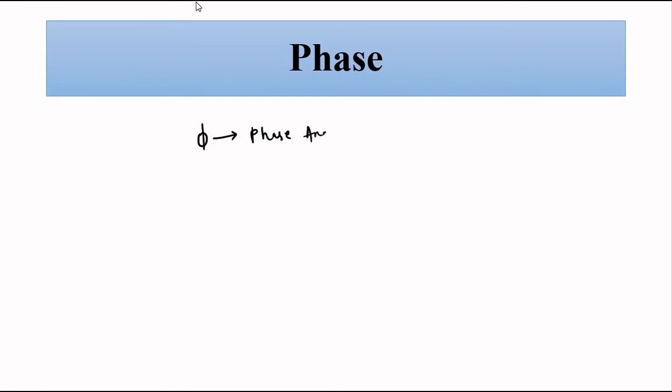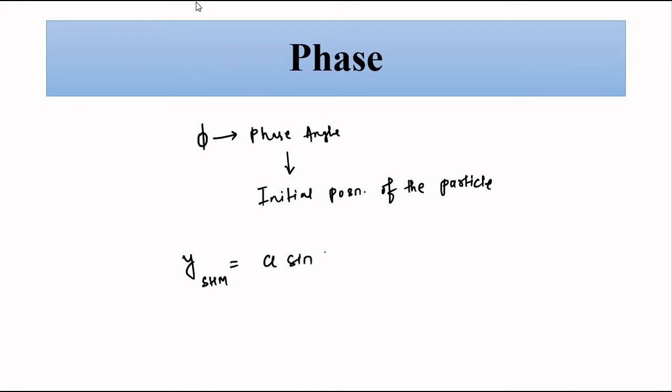That gives us information about the initial position of the particle. Because of this initial phase angle, the general displacement equation of SHM is given as A sin(ωt + φ), and this φ can be anywhere depending on the position of the particle on the reference circle.